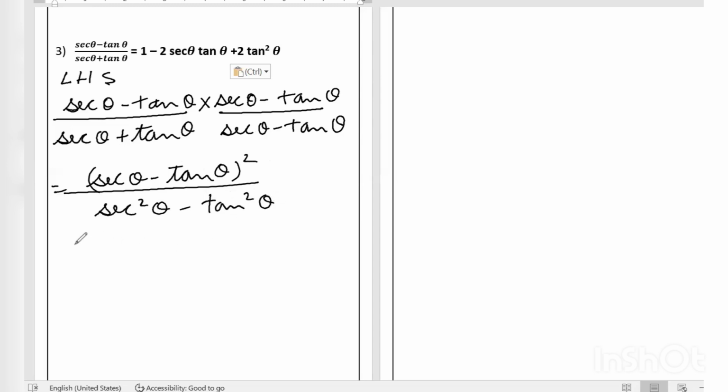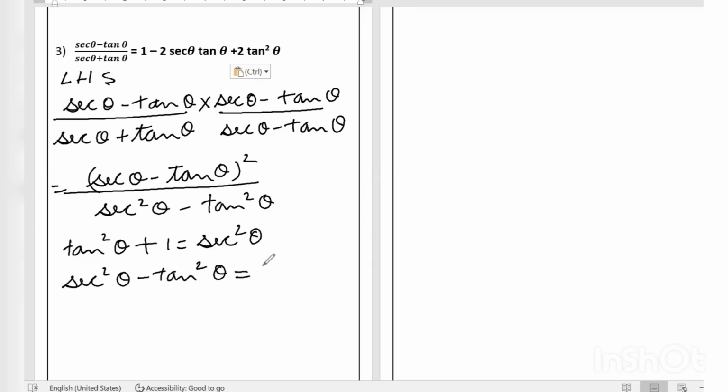Now we know that tan square theta plus 1 is equals to sec square theta. So if I rearrange them, I can write it as sec square theta minus tan square theta is equals to 1.